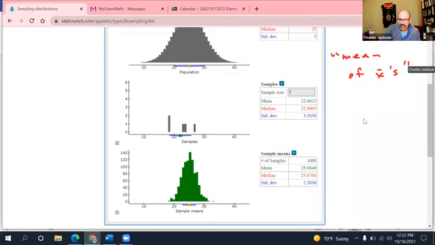And here we're taking lots and lots of samples of size 5. And those samples of size 5 have means on average 25.0849 and standard deviation 2.3036.